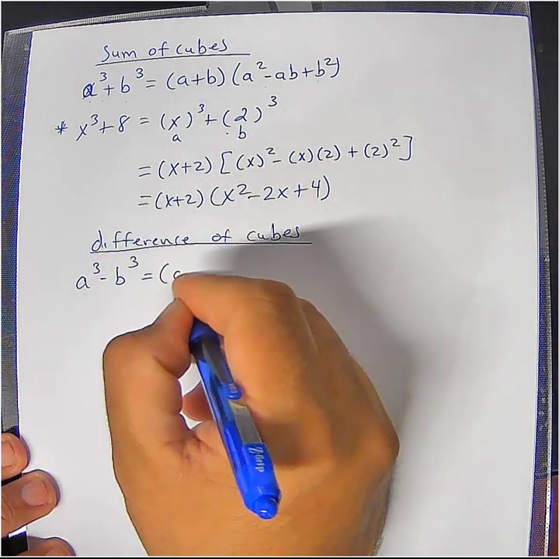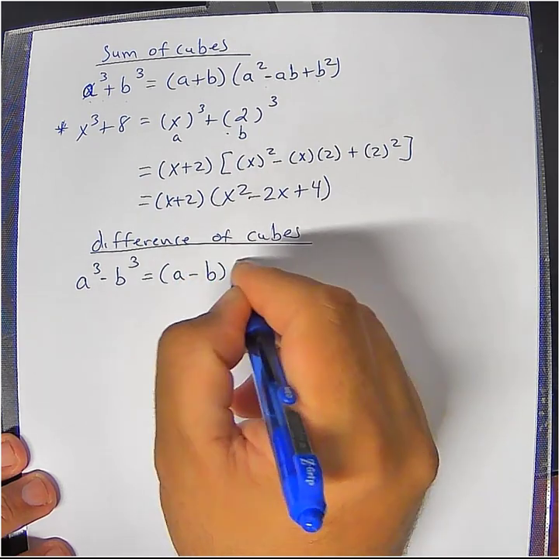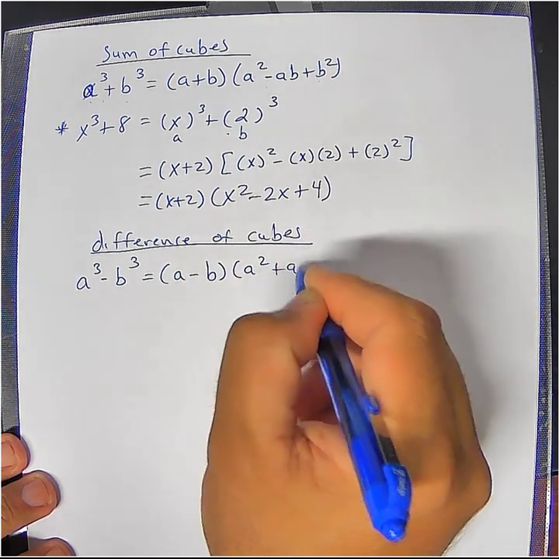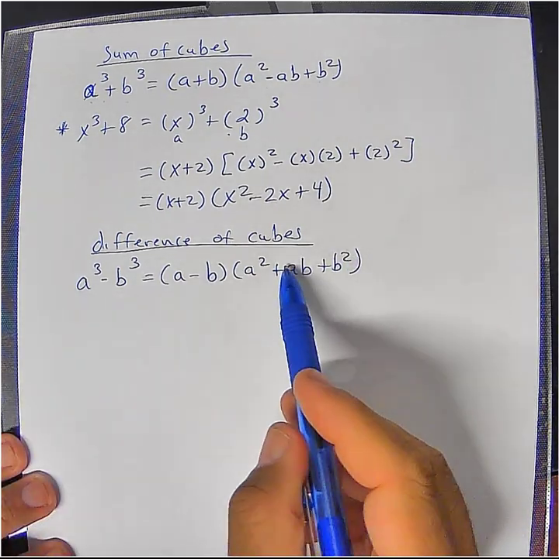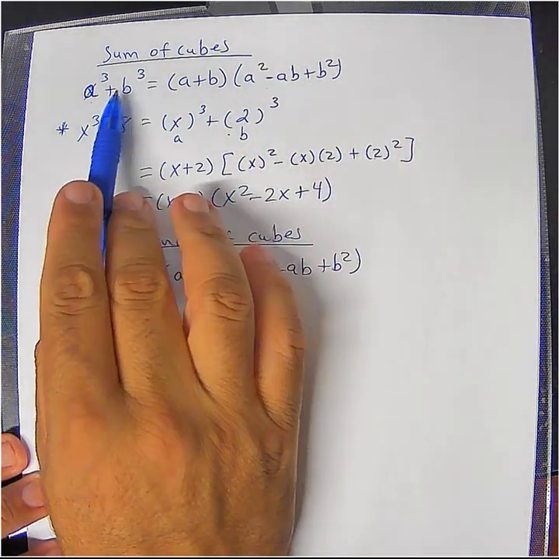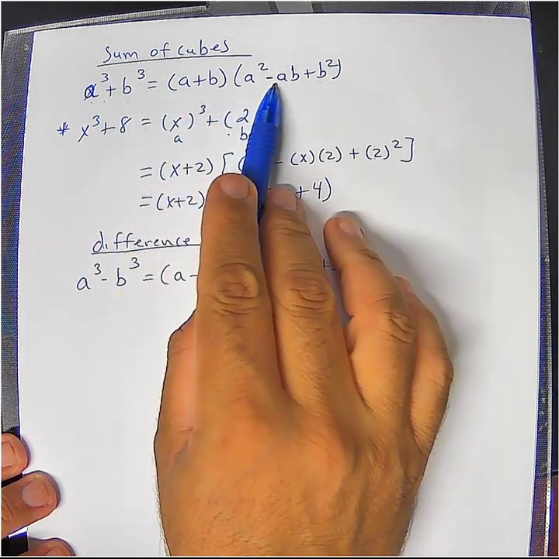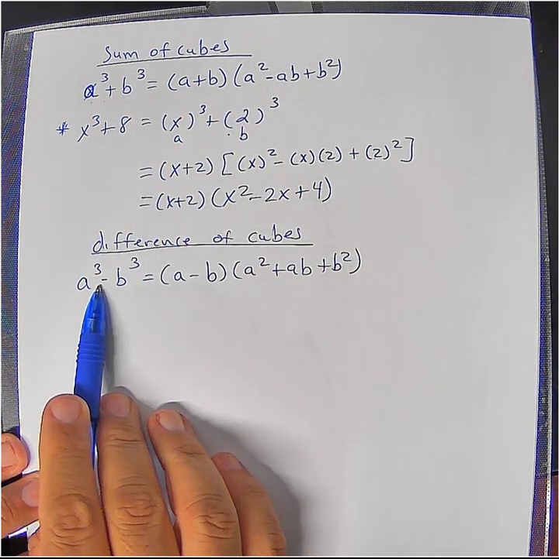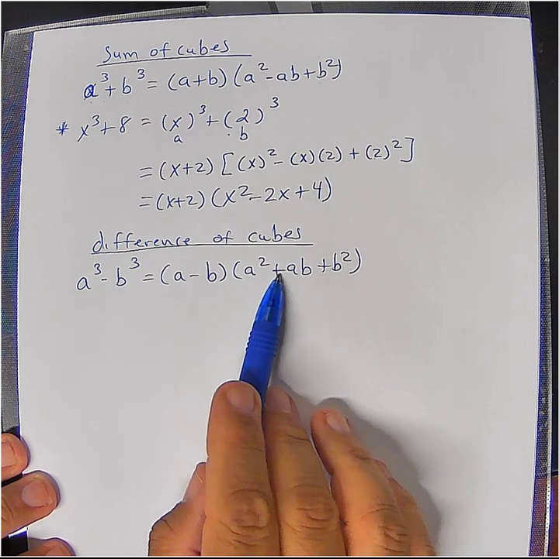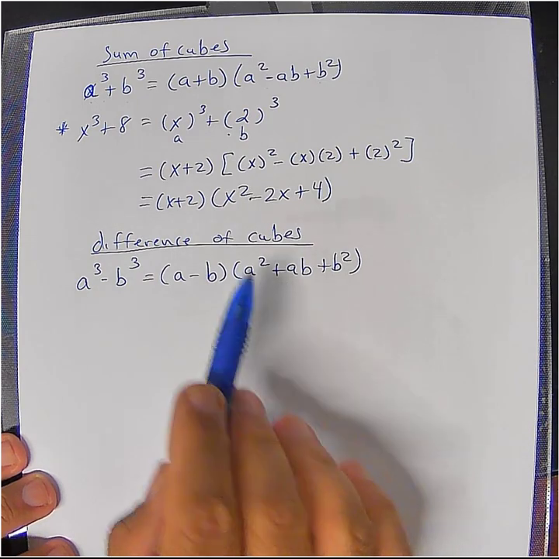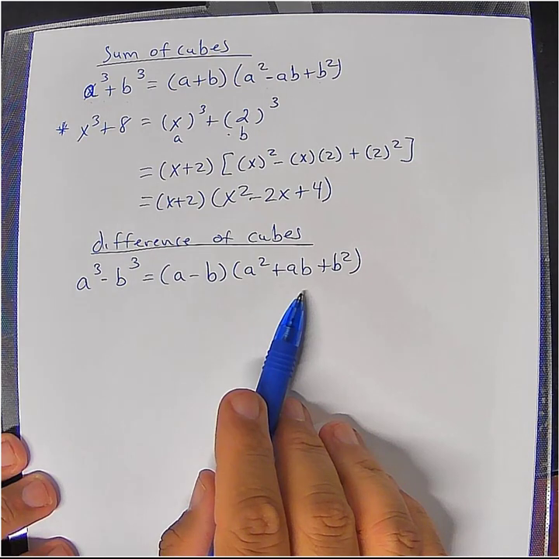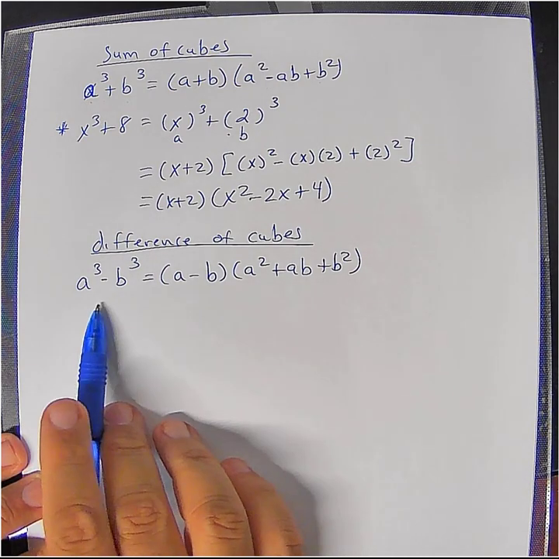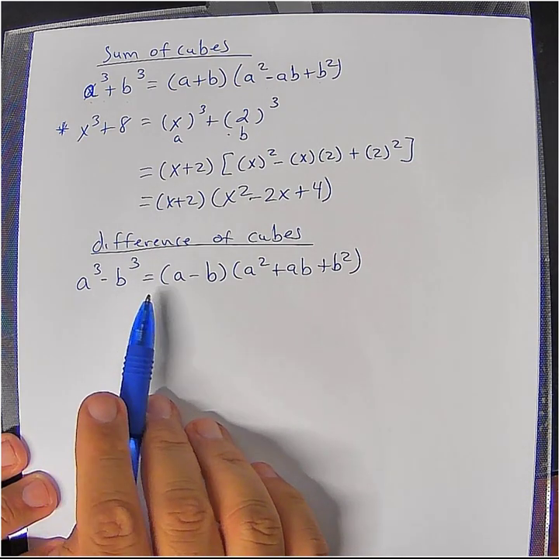So this gives me a minus b, and then a squared plus ab plus b squared. So this is the opposite of that. Plus was plus minus. Minus, we start off with minus, then plus. Same idea, but now we follow this format.